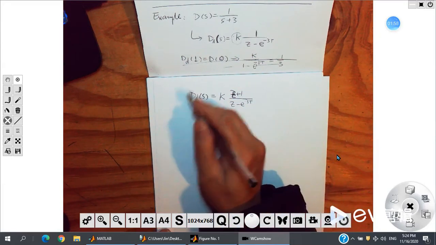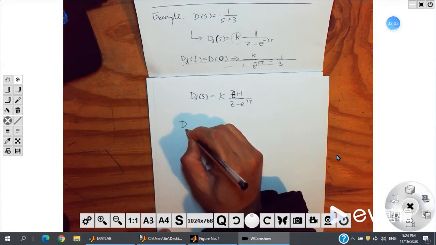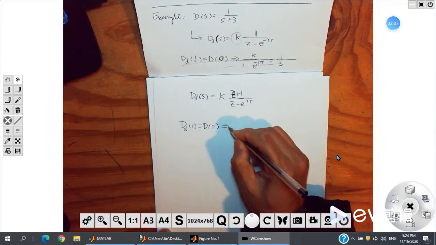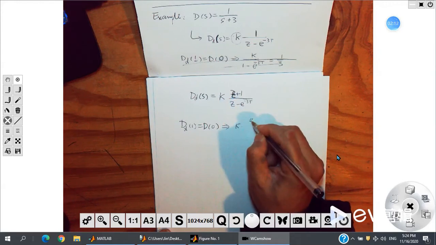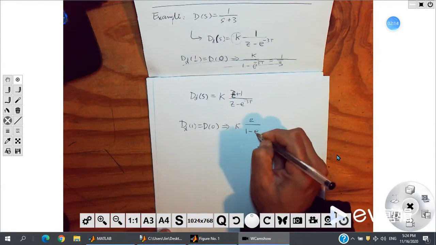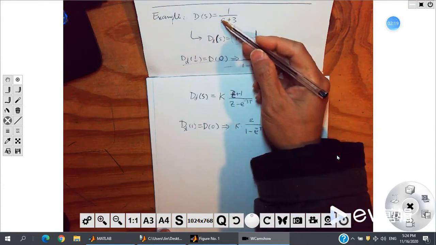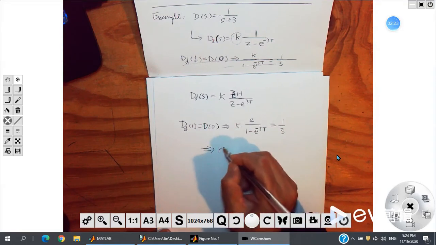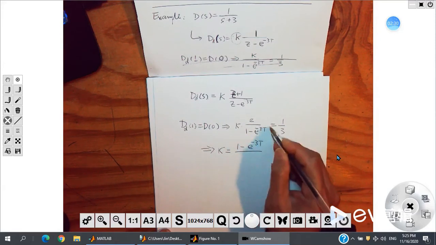Then the final value should be same, so d1 equal to d of 0. We have k times, here's 1 plus 1, there will be 2, and here's 1 minus e to the negative 3t equal to, s is 0, get 1/3. So k will equal to 1 minus e to negative 3t over 6.